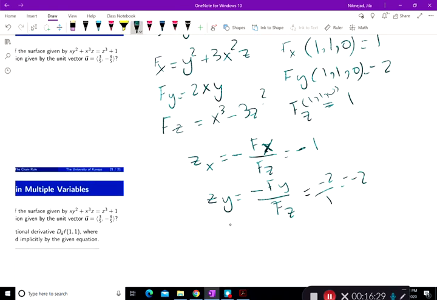So the gradient vector is negative 1 and negative 2.